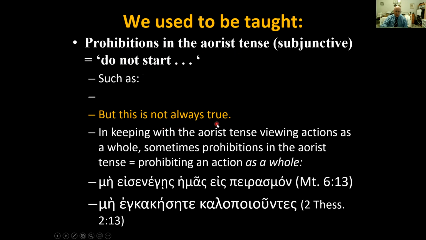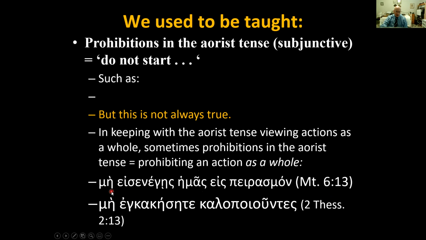After we had computers and were able to study quickly all of the uses, for example, of the aorist subjunctive and the present subjunctive, we came to the conclusion, that is, the Greek experts came to the conclusion that we can't keep this rule, at least not consistently. For example, I have here Matthew 6, verse 13.